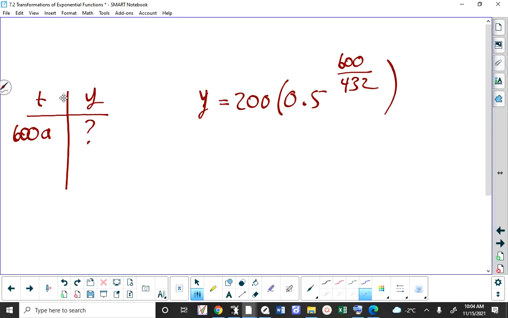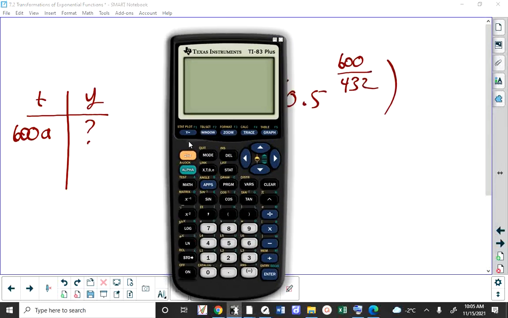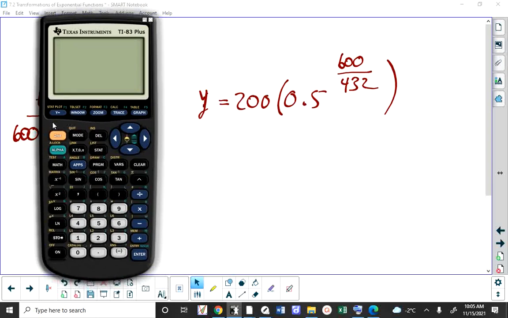I'm a product of my education and having a scientific calculator, so I do it this way. I go 600 divided by 432. Then I take 0.5 raised to that answer. Then I multiply by 200. Do you get the same number?